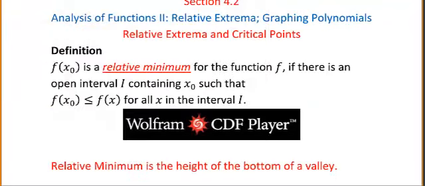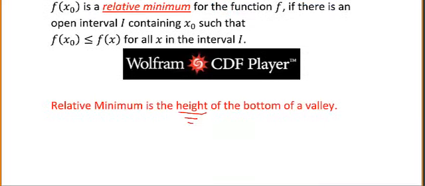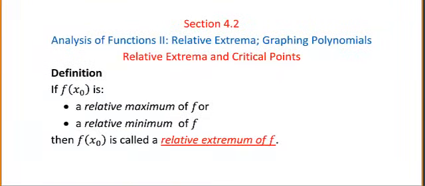So let me get rid of this. And loosely speaking, a relative minimum, again, is the height. It's the function value, the y value, at the bottom of a valley. Now, a function can have more than one relative maximum and more than one relative minimum. And we have another term, and this is the term relative extrema.